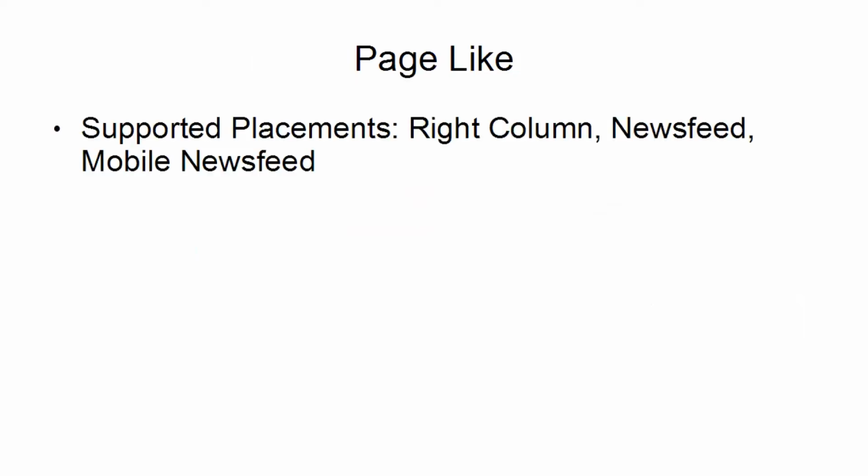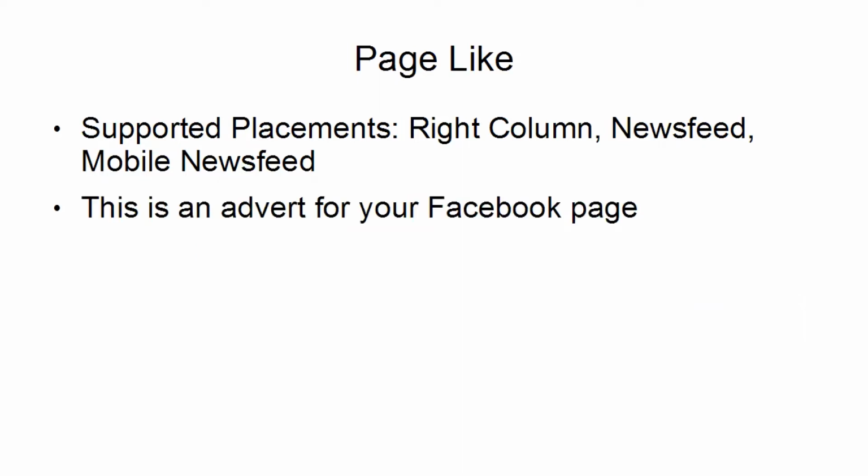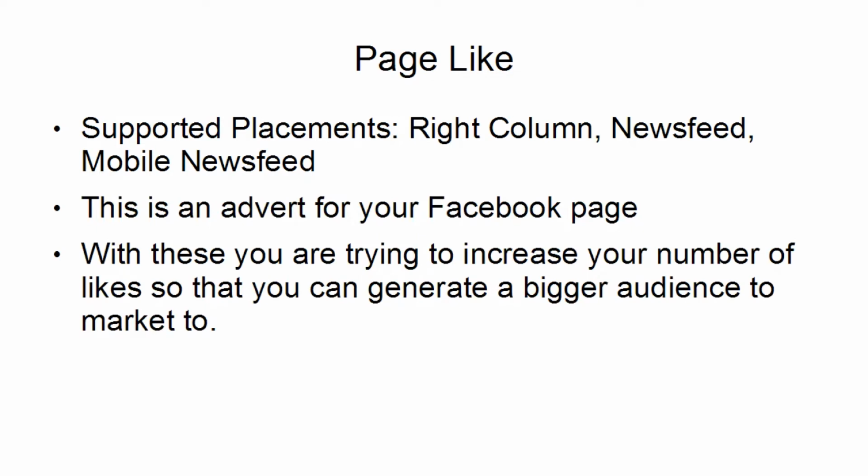Then there's page like, and the supported placements are the right column, the news feed and the mobile news feed. And this is basically an advert for your Facebook page. And with these, what you're trying to do is increase the number of likes so that you can generate a bigger audience to market to.